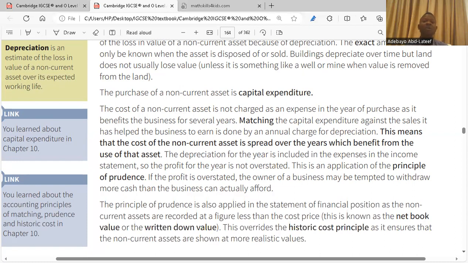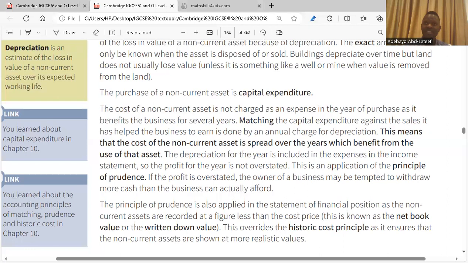So the cost of non-current assets is not charged as an expense in the year of purchase, as it benefits the business for several years. Matching the capital expenditure against the sales helps the business, and it is done by an annual charge for depreciation. So when you buy an asset, in that financial year you don't work out its depreciation.